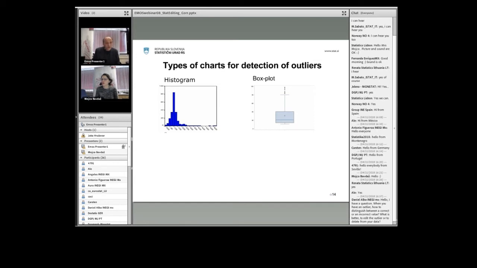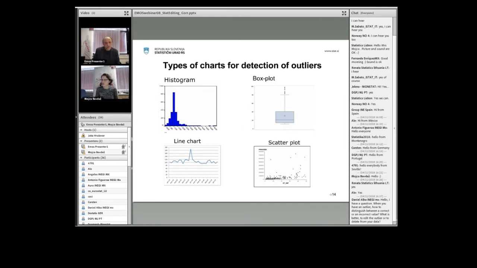For periodic surveys, when you are measuring one phenomenon several times, like a monthly survey, it's very useful to make a line chart, and sometimes you can see some strange patterns in the line chart. And the last one is the scatter plot.